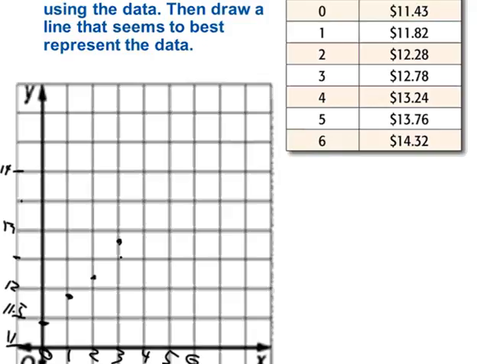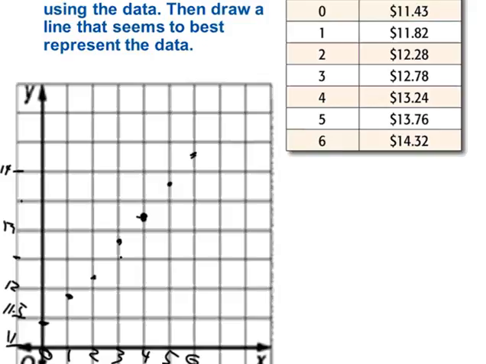All right. And then it would be 13 and a quarter. I'm sorry, a little bit higher than that. Then 13.76, 13.50, 13.76 would be about there. And 14.32, so there's 14.50, 14.32 would be about right there.